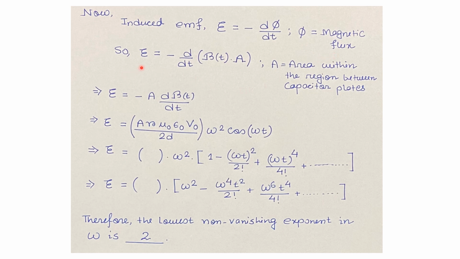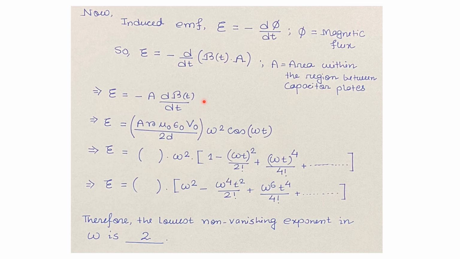So the induced EMF E equals minus d by dt of the magnetic flux, that is given by magnetic field B as a function of time times the area of the region. So A is the area within the region between the capacitor plates here. Now area is constant here, so it can come out of the derivative. So E equals minus A times d by dt of the magnetic field.